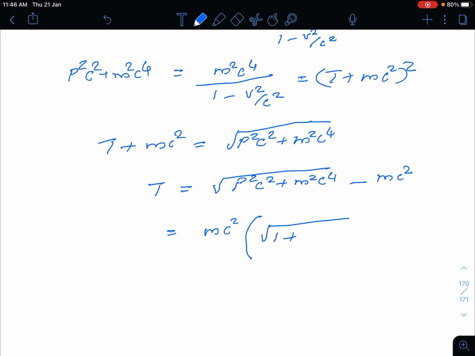But I can do that, after taking mc square outside, mc square 1 plus, c raised to 4, so p square by m square c square, is it correct? C square and c raised to 4 get cancelled, so c square, okay, minus 1, this is it.